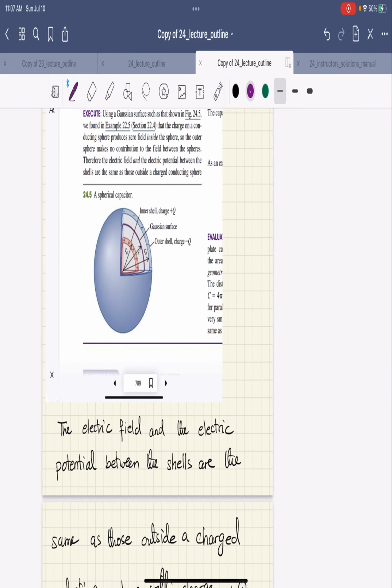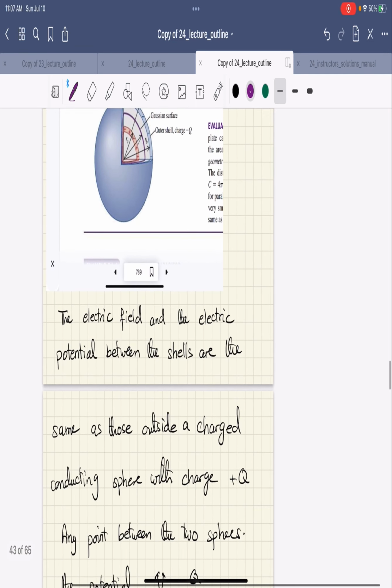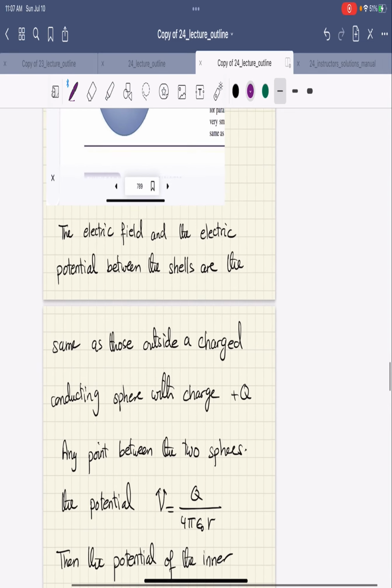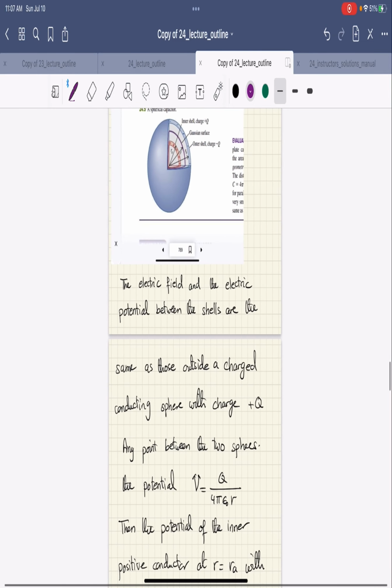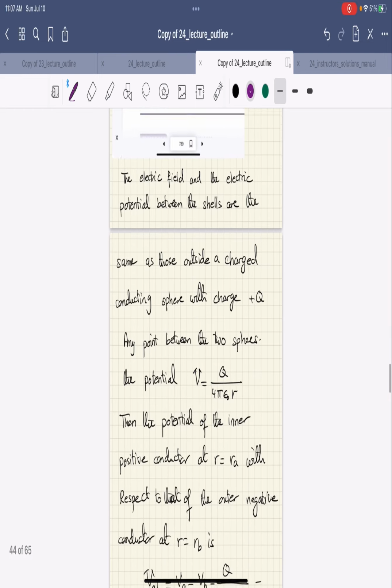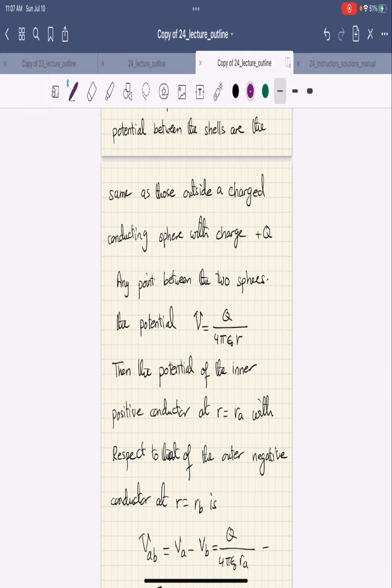Now, the electric field and the electric potential between the shells are the same as those outside a charged conducting sphere with charge plus Q. I solved this also in chapter 22 or 23, I believe. At any point between the two spheres, the potential is going to be Q over 4 pi epsilon 0 R. Then the potential of the inner positive conductor at R equals RA, with respect to that of the outer negative conductor at RB, is VAB.